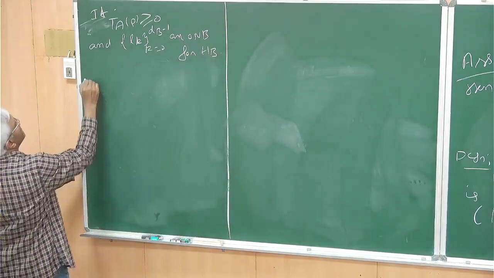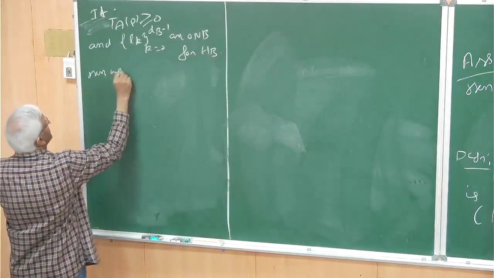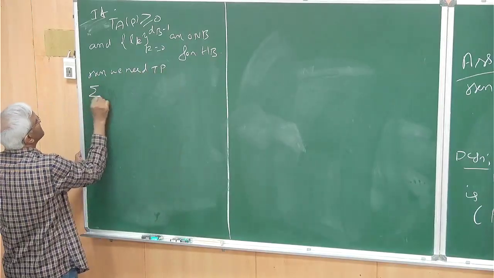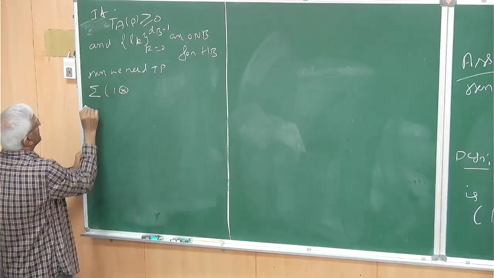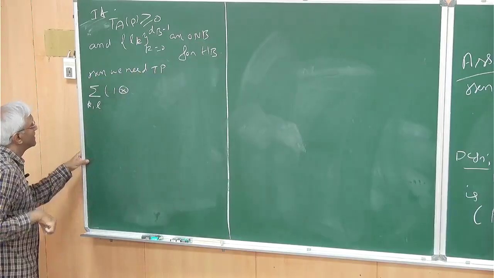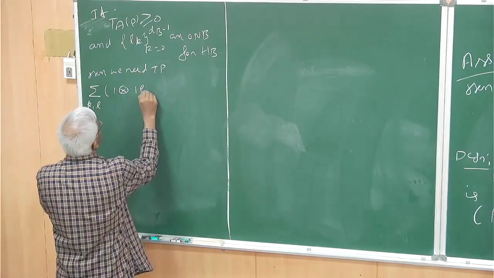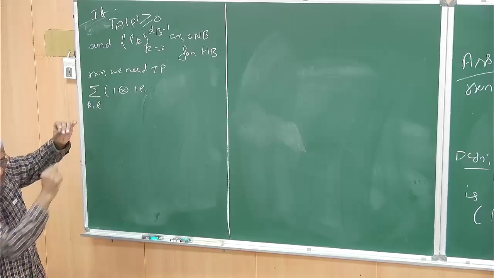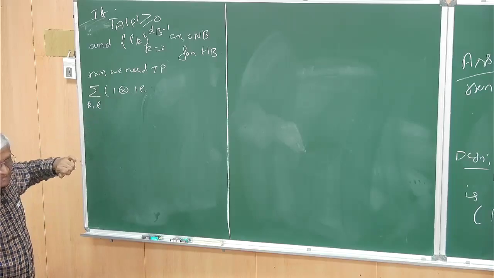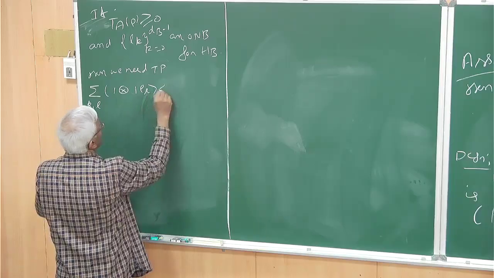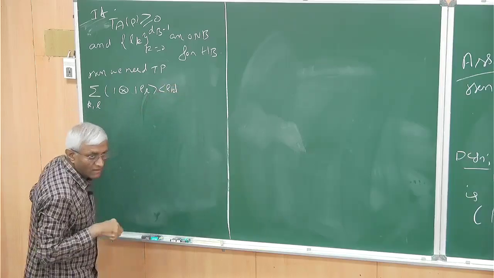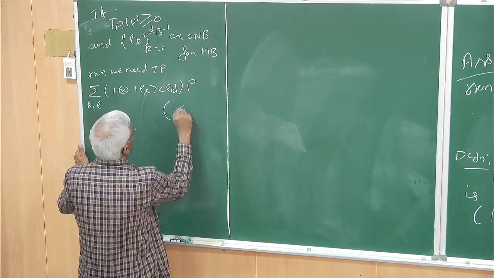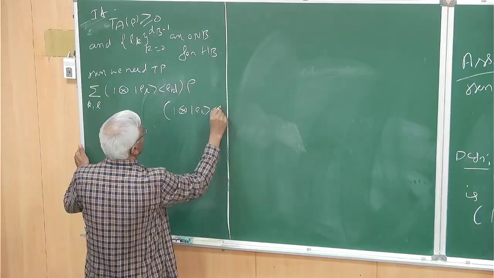Then we need to prove the following: the summation, where this is over k and l, of 1 tensor |e_k><e_l|, if you have written the matrix with respect to the k index as the row and the l index as the column, here it will be lk, times rho times 1 tensor |e_l><e_k|.